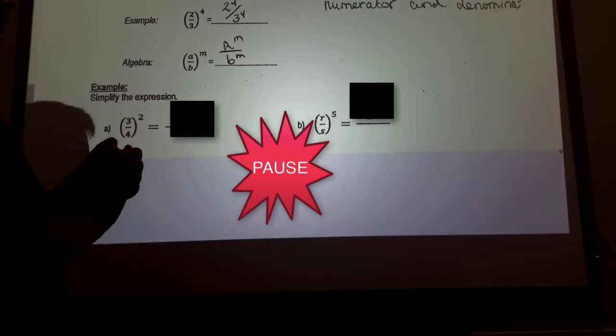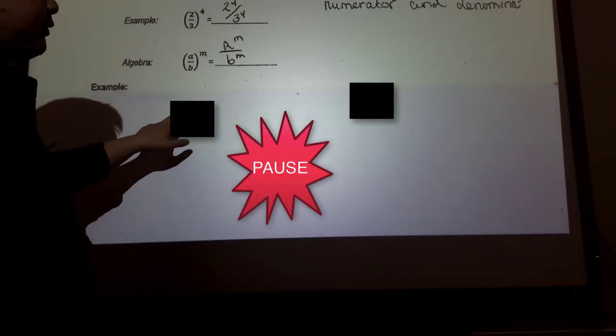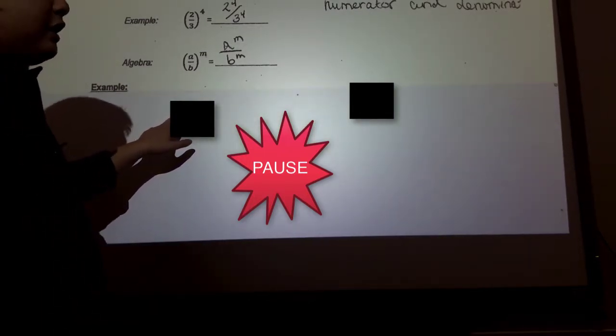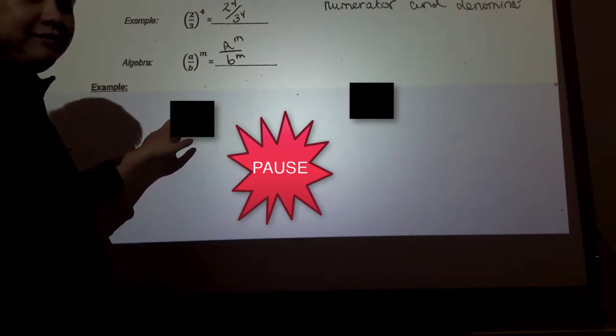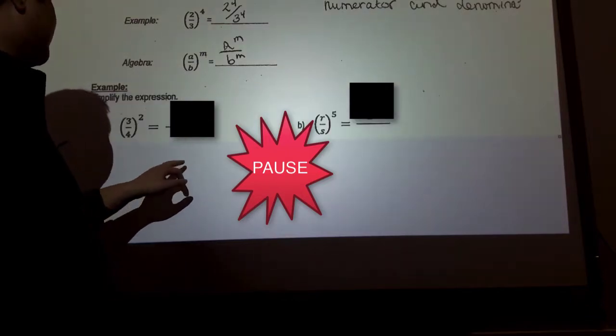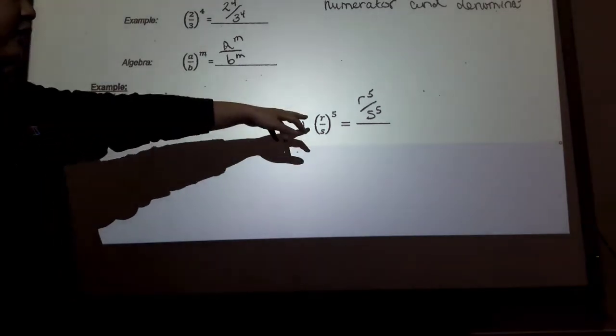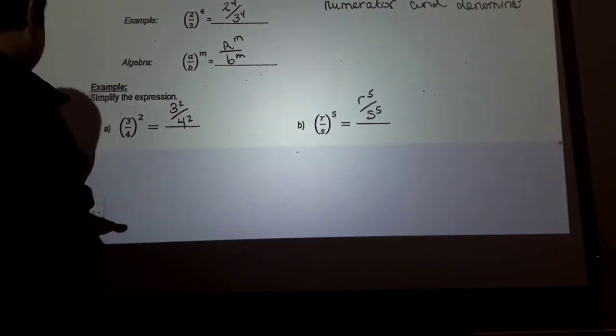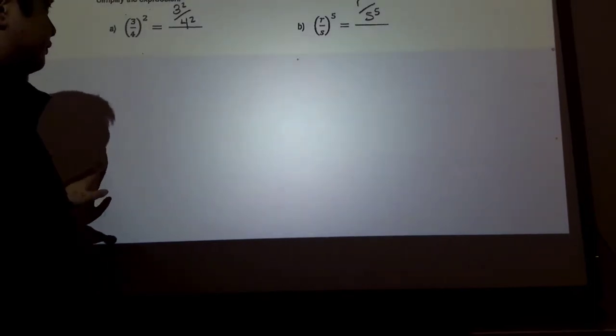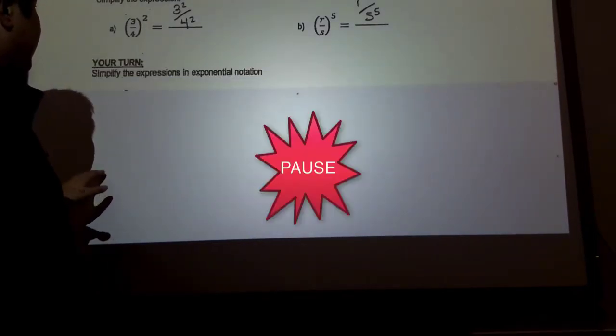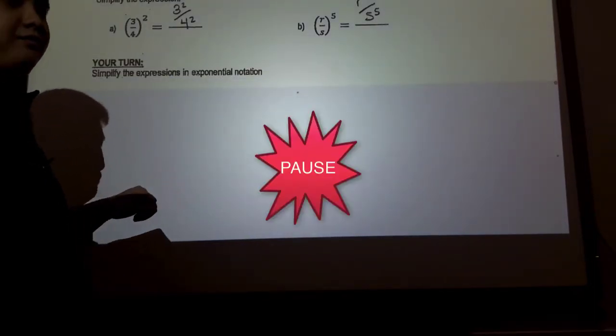So simplify these expressions on your own, and come on back when you are done. Here we get 3 squared over 4 squared, and r to the 5th over s to the 5th. Again, try these on your own.